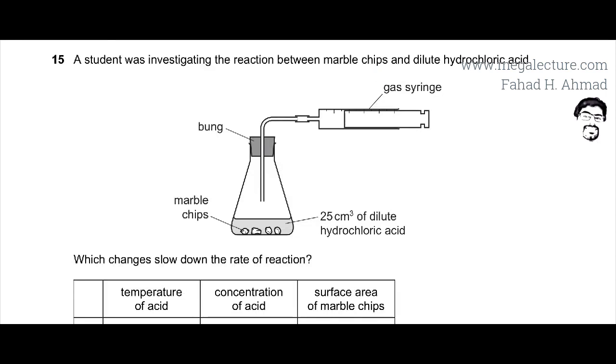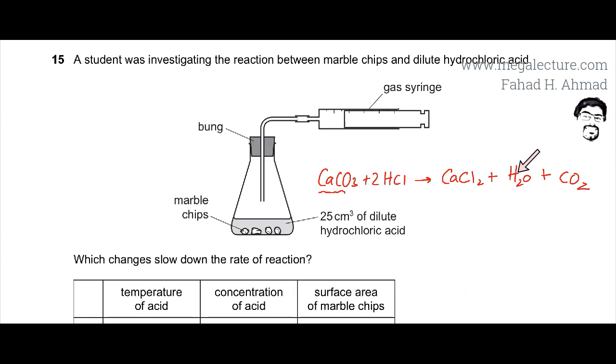The following question reads that a student was investigating the rate of reaction between marble chips and dilute hydrochloric acid. So I've written down the reaction. Remember, marble chips, limestone, etc., are all calcium carbonate or contain calcium carbonate. When you're reacting marble chips with hydrochloric acid, which is HCl, a carbonate reacts with an acid and produces a salt, water, and carbon dioxide.